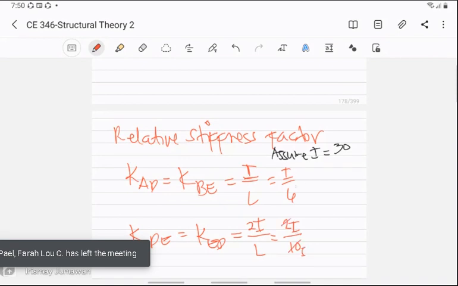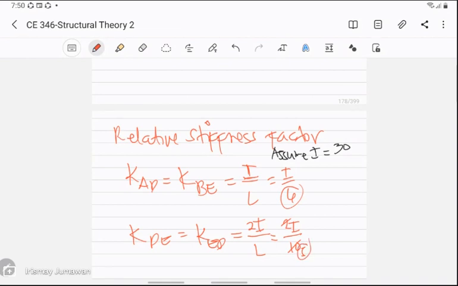The common multiple of 6 and 5 is 30. So we have 30 divided by 5, that is 6, and 30 divided by 6, that is 5.